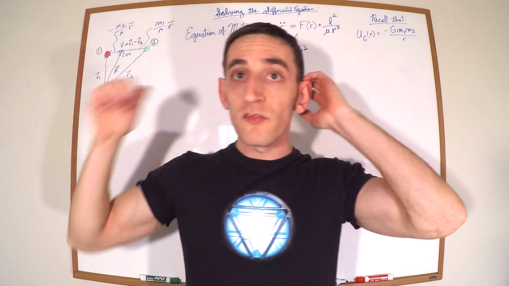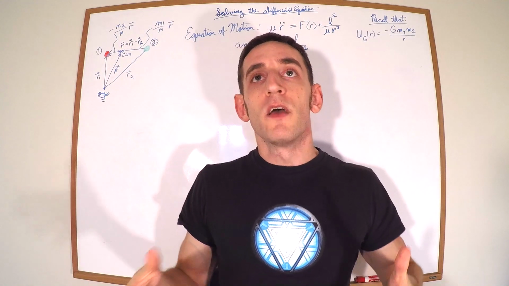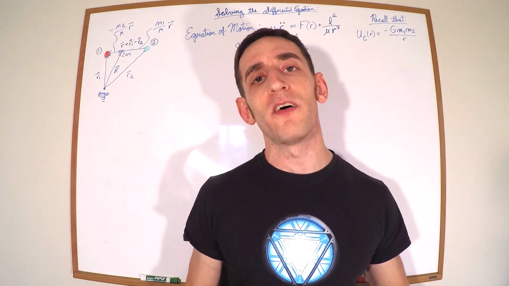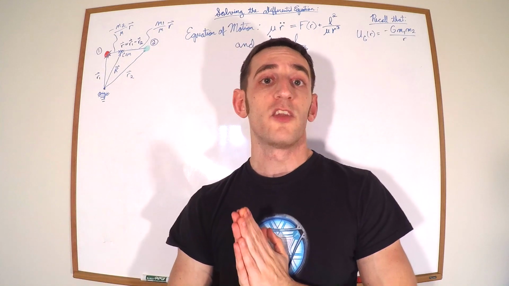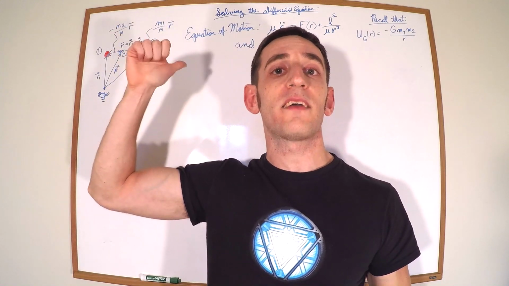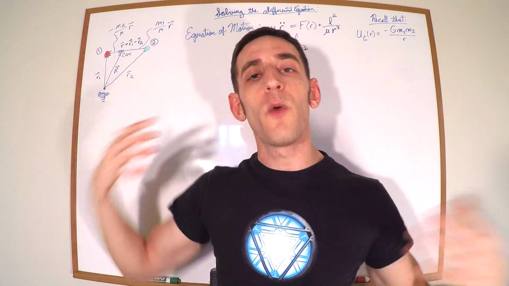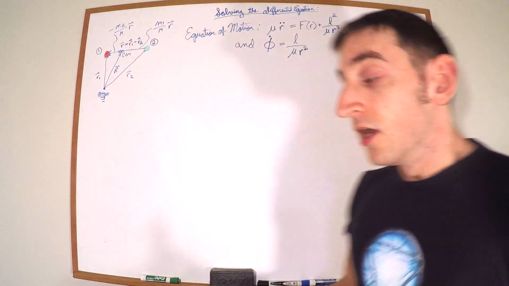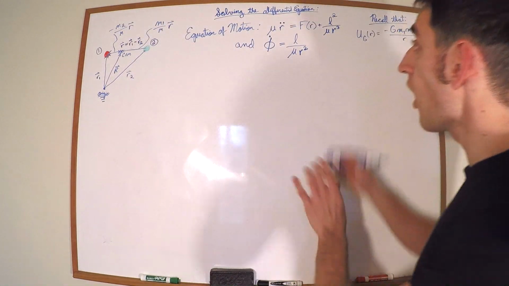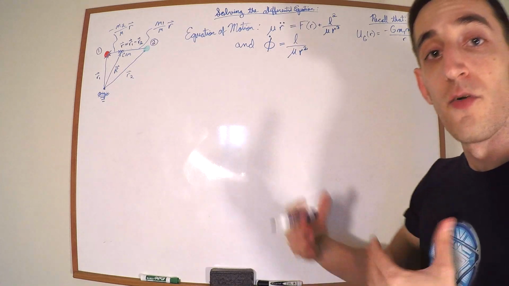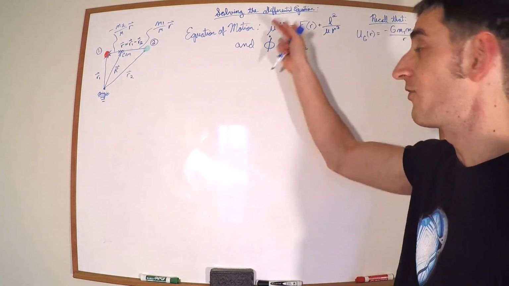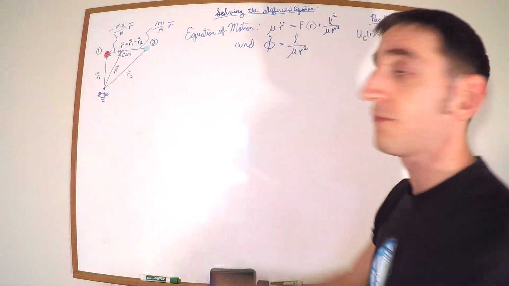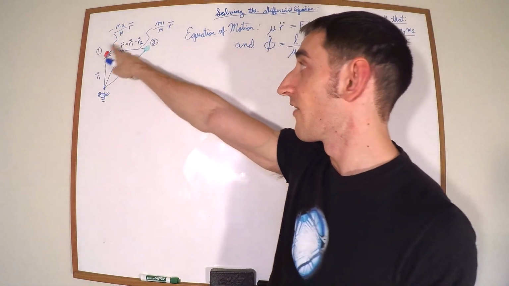But to make headway, the way in which we use this principle is by changing our mathematical perspective, the way in which the mathematics is expressed here. And the way in which we're going to do that is we're going to take this r function, which defines the radius of our orbit with respect to our origin, or rather r is basically the separation between the two, basically this guy right here.